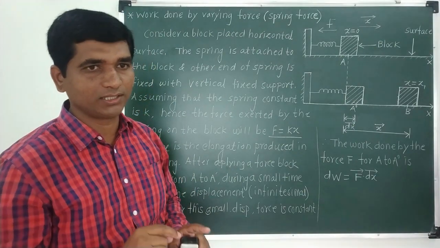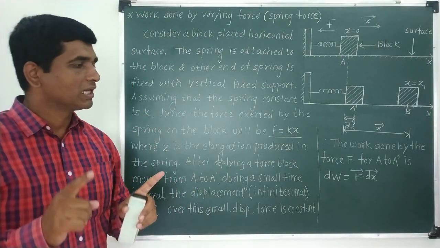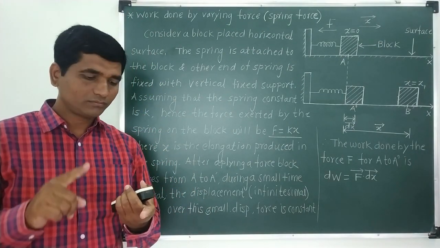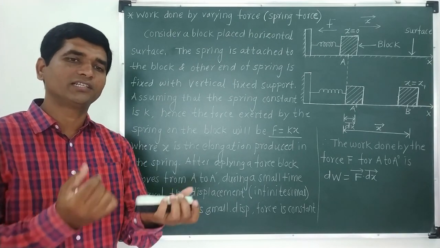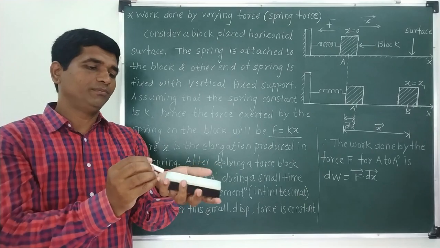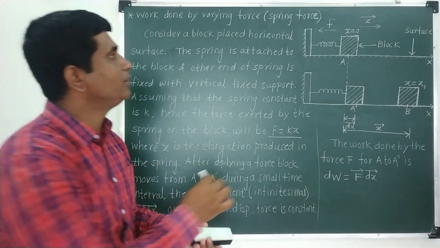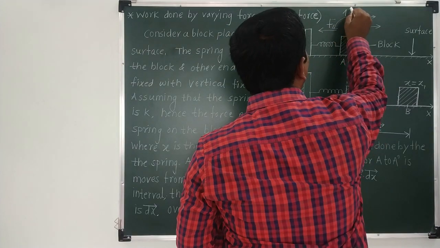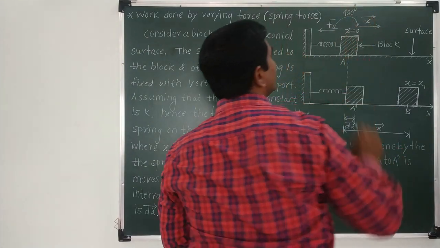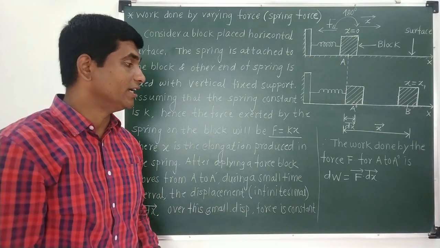So yesterday we had seen in our earlier lecture that if the force and displacement are in opposite direction, the angle between them is 180 degree. And we had seen that work done in such a case will be negative.